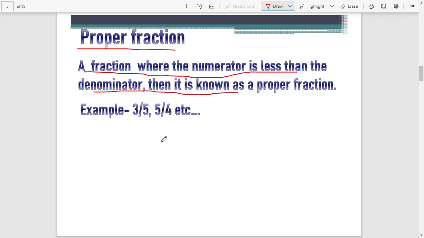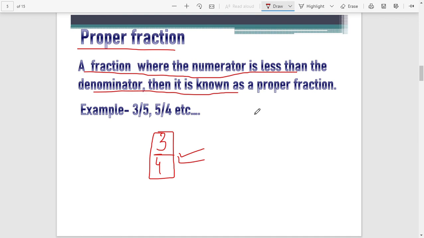Take an example such as 3 upon 4. 3 is the numerator, and it should be less than the denominator. Yes, in this fraction the numerator 3 is less than the denominator 4. So it is called a proper fraction.